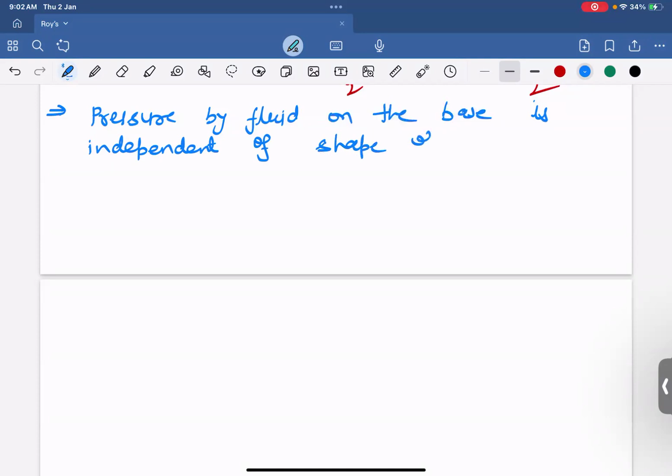It does not depend upon the shape of the container.